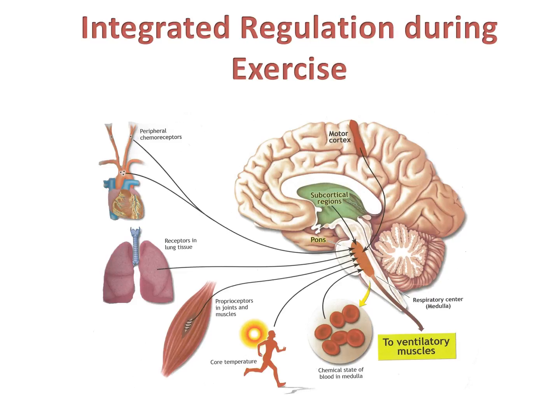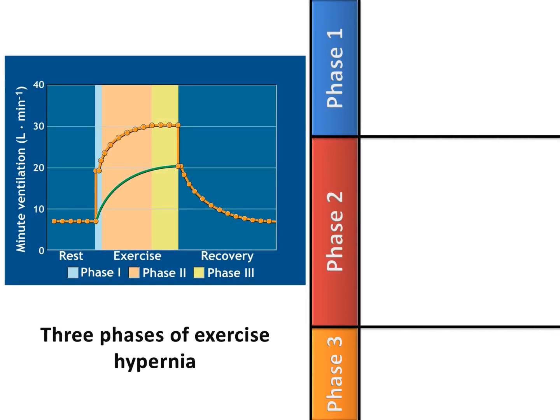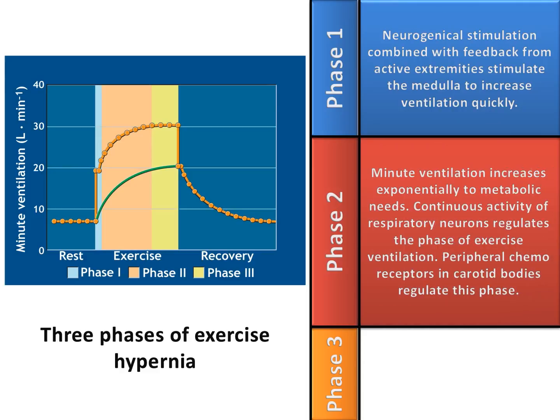Ventilation is regulated in an integrated way. How is ventilation regulated during exercise? Various chemical and neural stimuli initiate and change ventilation during exercise. This sketch you will remember from MBWK 219, where we talked about oxygen deficiency and EPOC.